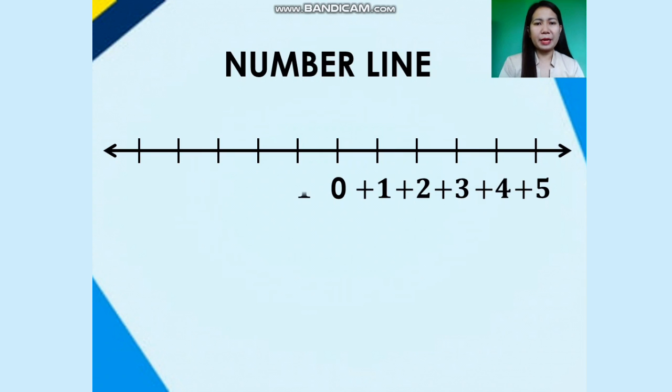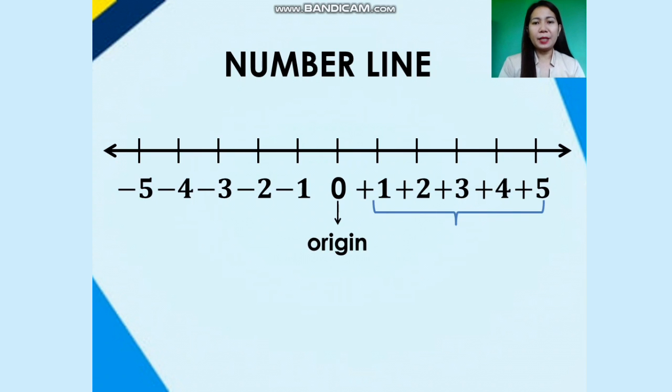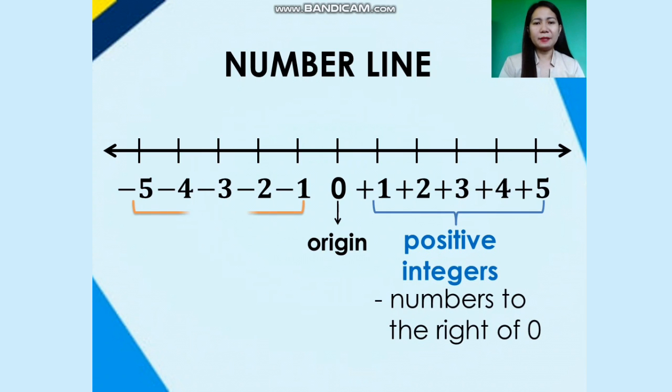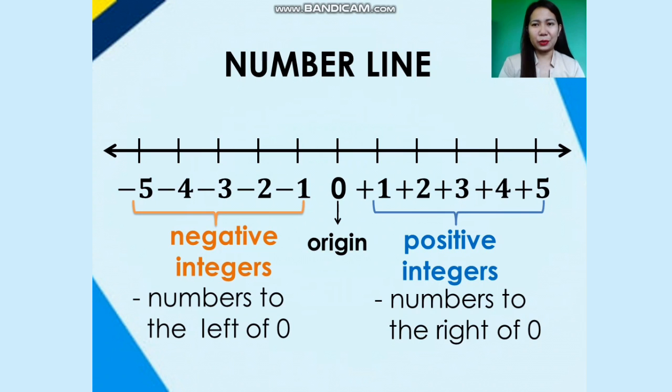To the left of 0 we have negative 1, negative 2, negative 3, negative 4, negative 5, and so on. Again, 0 is what we call the origin. The numbers to the right of 0 are called positive integers, and the numbers to the left of 0 are called negative integers.